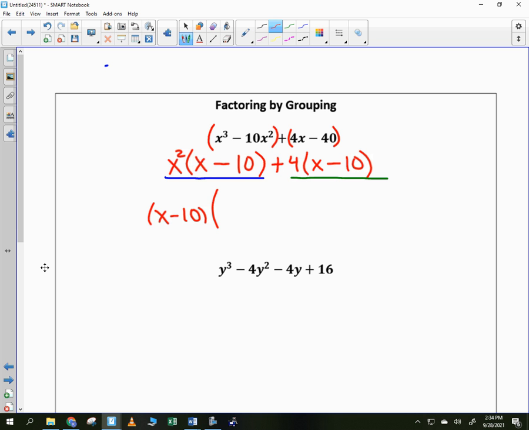When I take an x minus 10 out of this, what are you left with? x squared. And when we take the x minus 10 out of this, you're left with plus 4. And that's it. x squared plus 4 doesn't factor. But that's it. Not too bad?